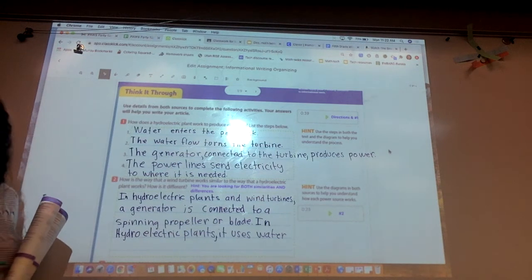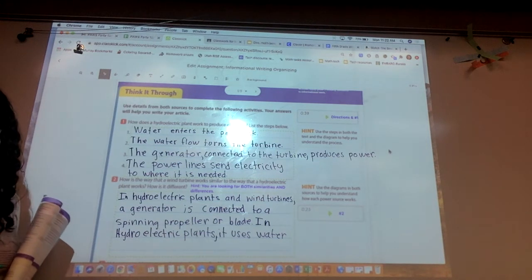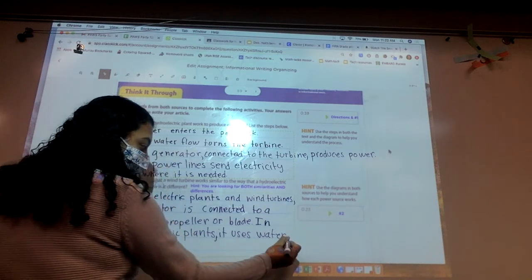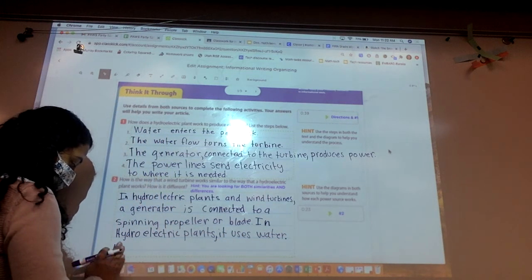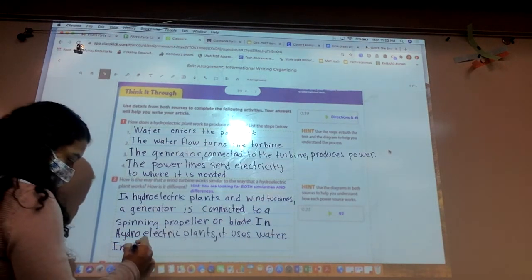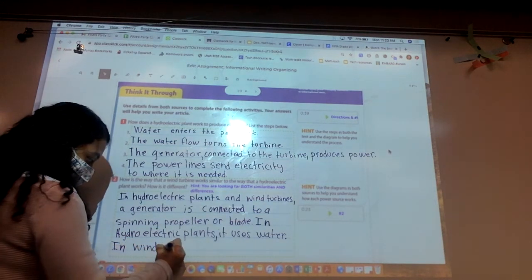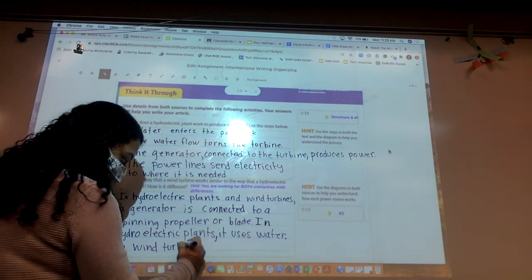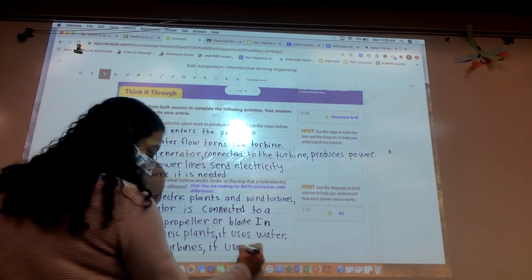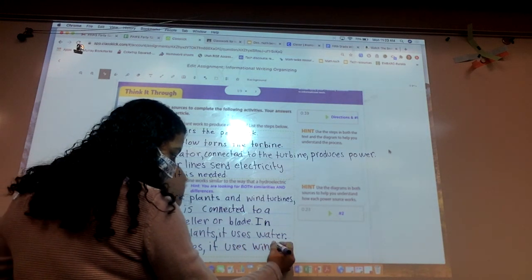Yes. Okay, so one uses water. In wind turbines, comma, it uses wind. Period.